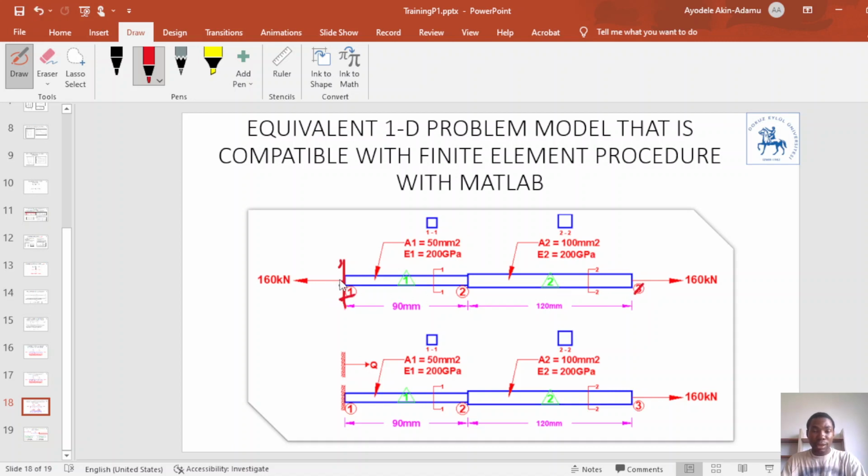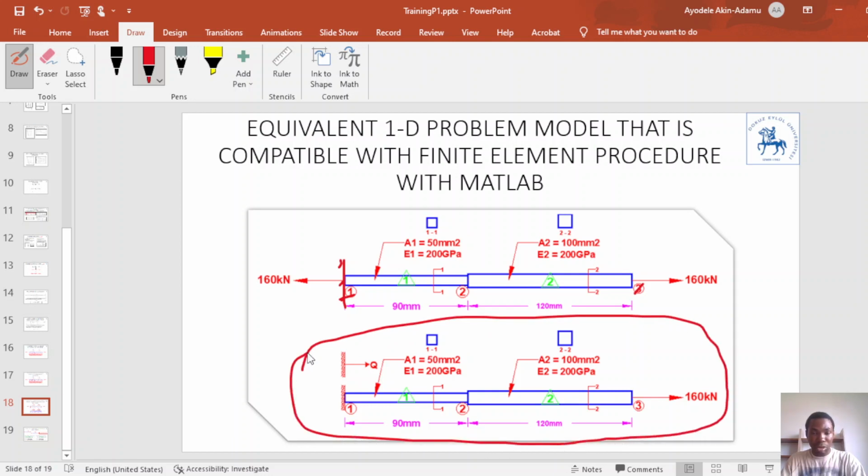So applying a 160 kilonewton at node 1 and node 3 is equivalent to assuming a pin support at node 1 and applying a 160 kilonewton at node 3. So the finite element procedure can be easily applied to this problem because it has a boundary condition. So this is what we are going to use to analyze this problem.